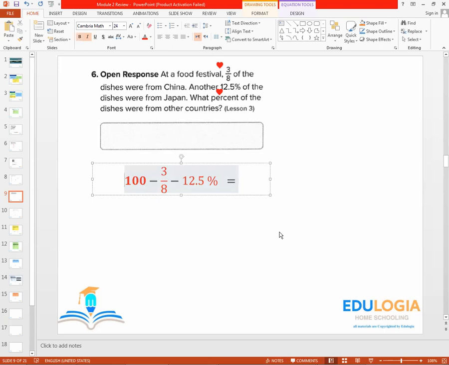Now, the total percent is 100, and minus 3 over 8. How can I deal with it? The 100%, or simply, you can write it just 1. The total is 1, minus 3 over 8.